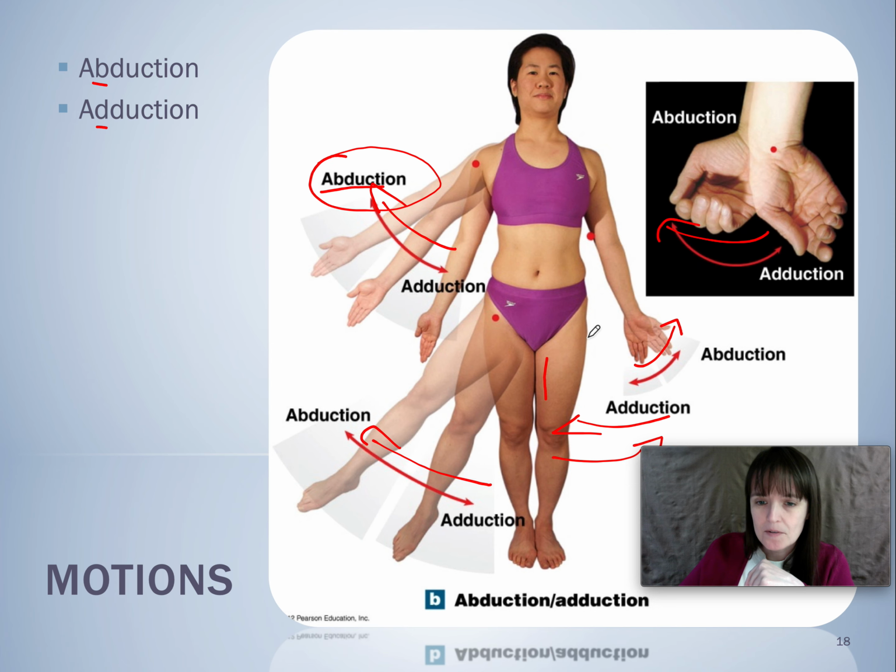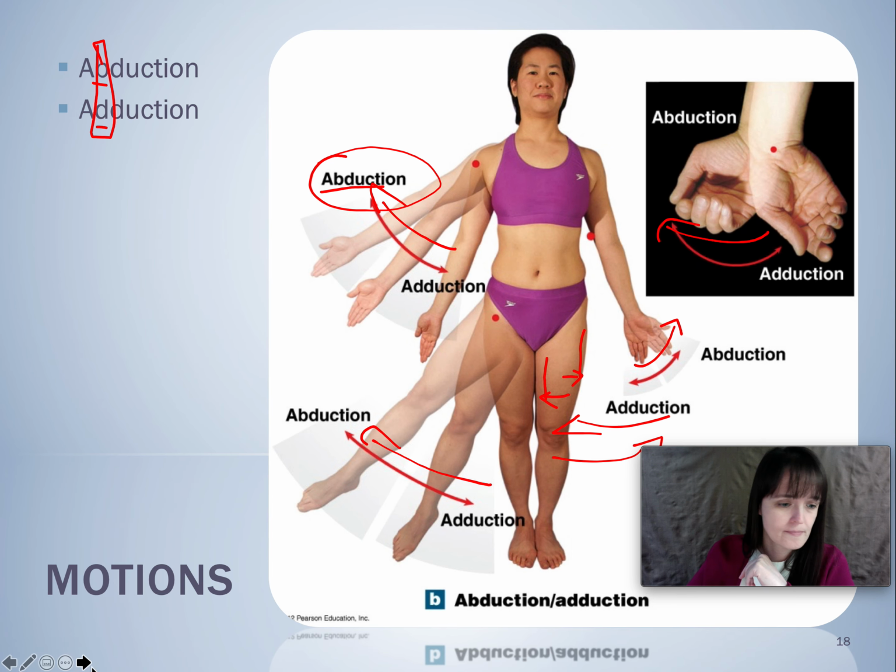The lateral thigh muscles are abductors because they pull the leg out. The inner thigh muscles are adductors because they pull the thigh in. And so if you get that letter wrong, it's wrong. That's a complete misunderstanding of the entire concept.